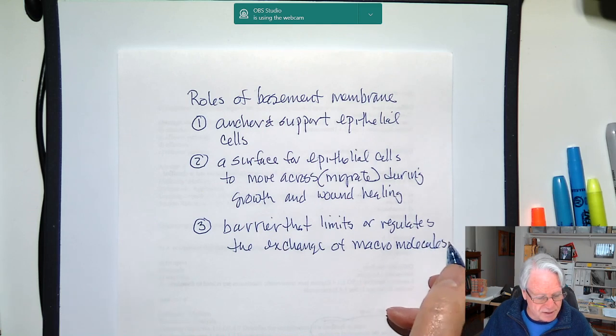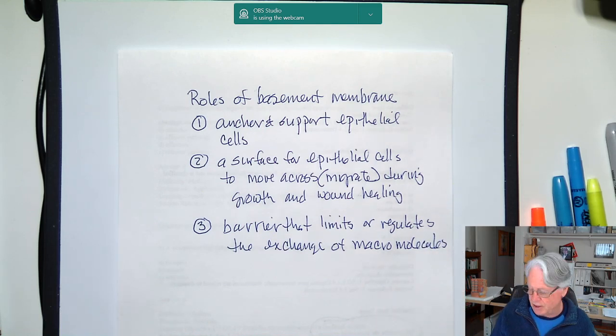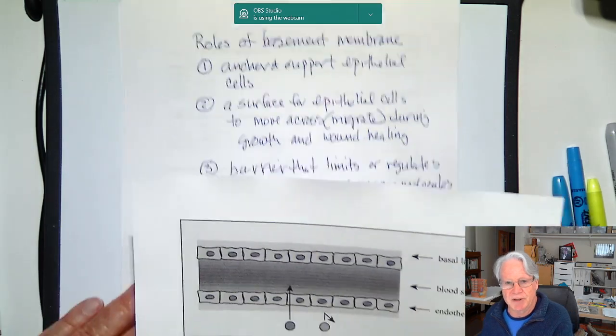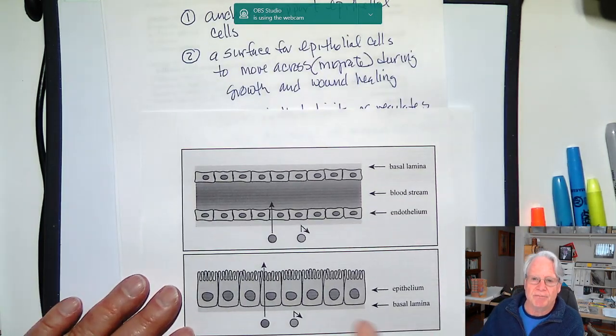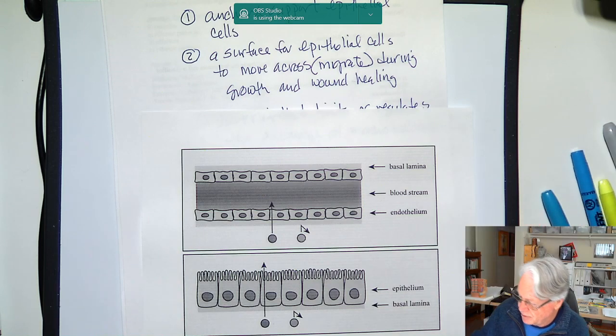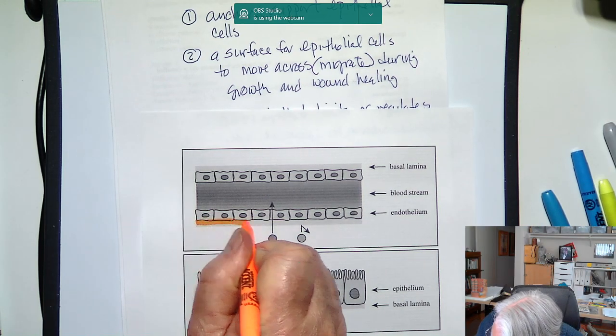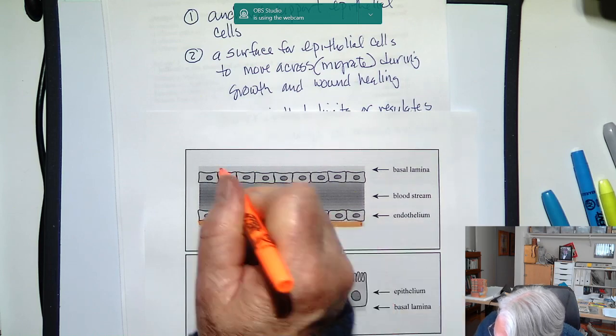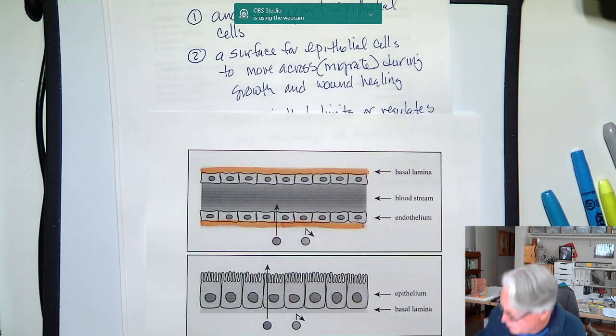You're going to see this in the kidneys, and here's a nice little picture that shows you what we're talking about here. So this is my basement membrane. I'll fill that in. You can see that here's my basement membrane. Okay. And here it is here as well.